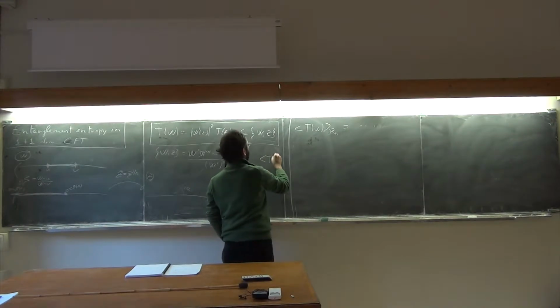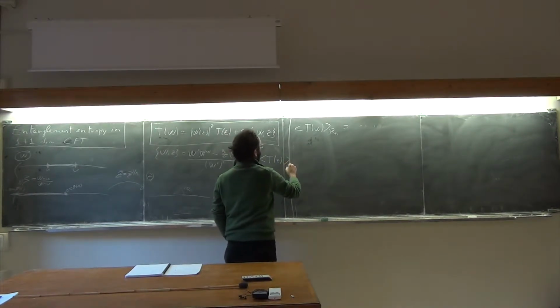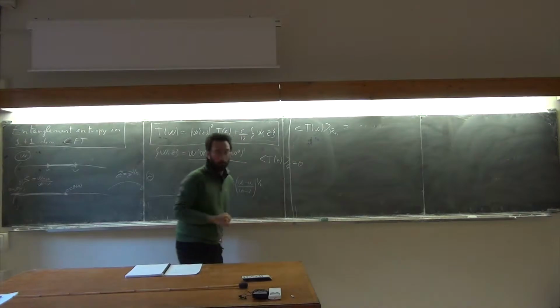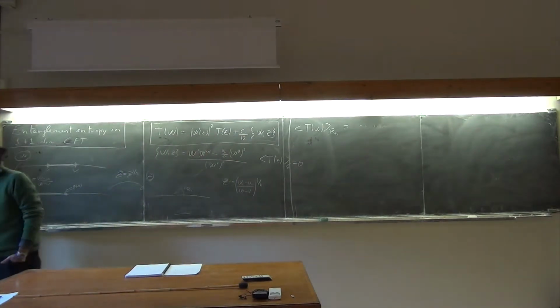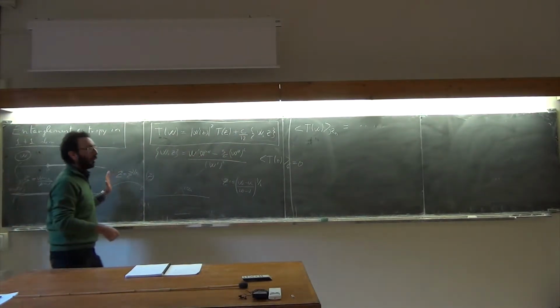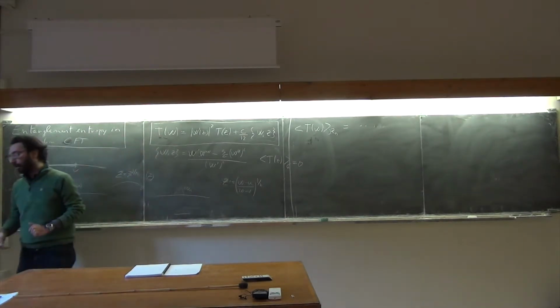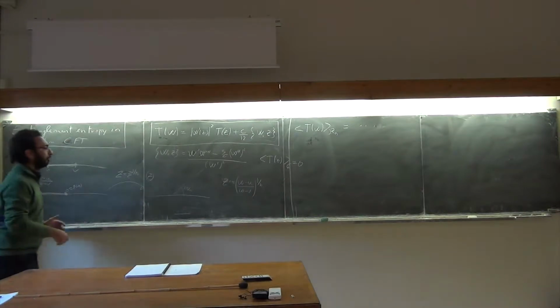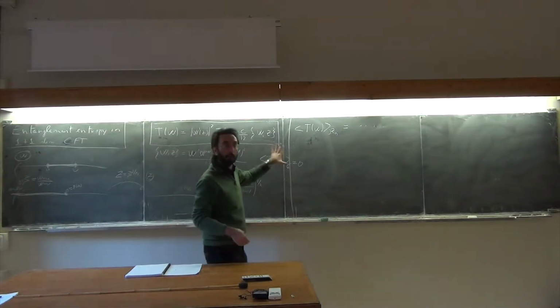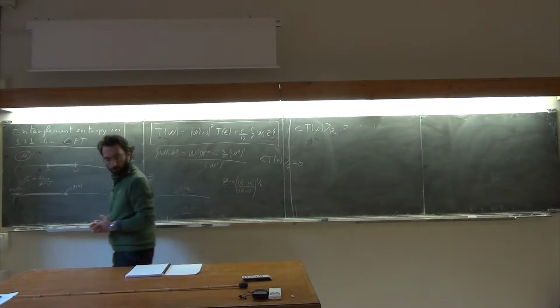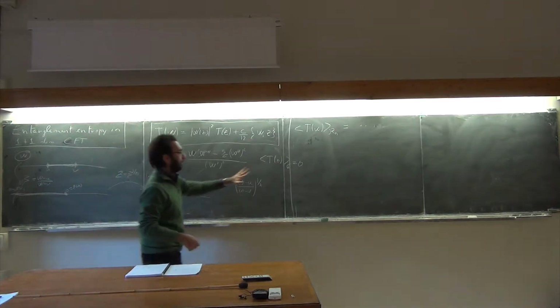So the expectation value of Tz on the complex plane is 0. Why? Because by translational invariance it should be a constant, and the integral of this constant should also be finite, and the only number that makes this true is 0. Okay, so Tz is 0.